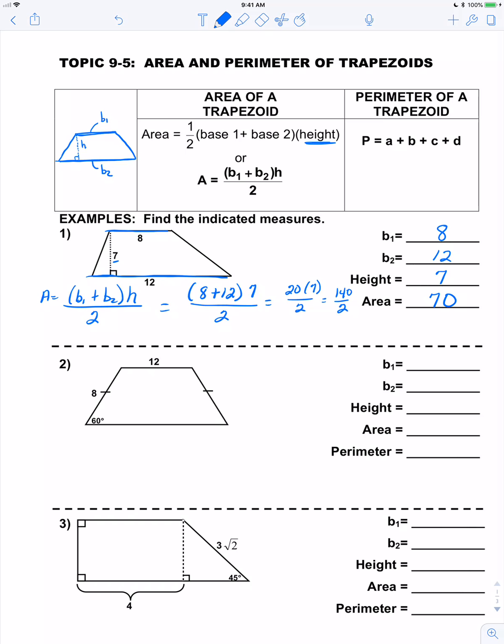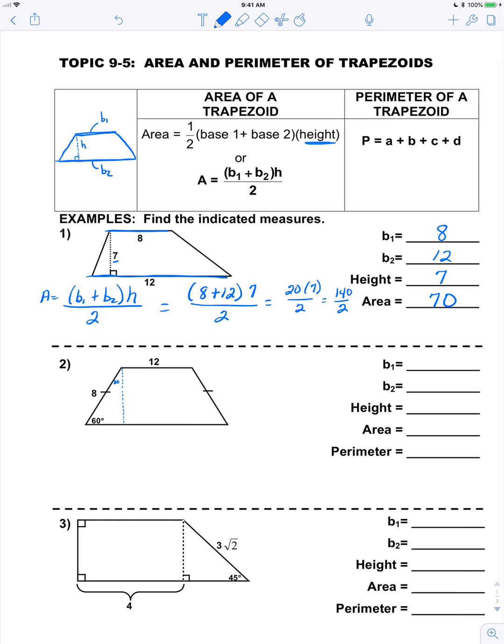All right, well, this one we're not given all of our information, so we're going to have to go find some things. So remember, let's just start with this first. This is a 60-degree triangle, that means this is 30 degrees.